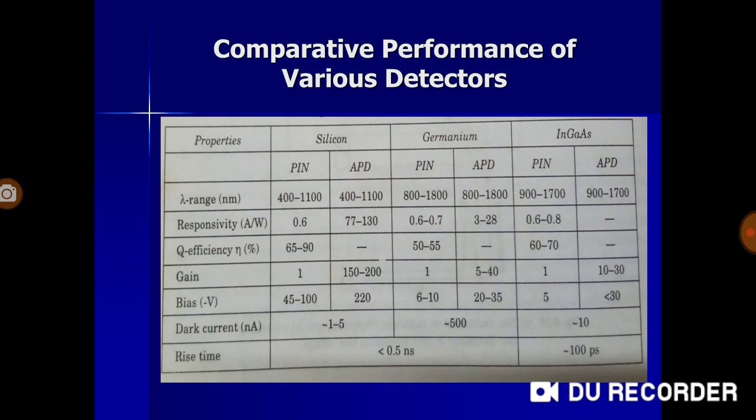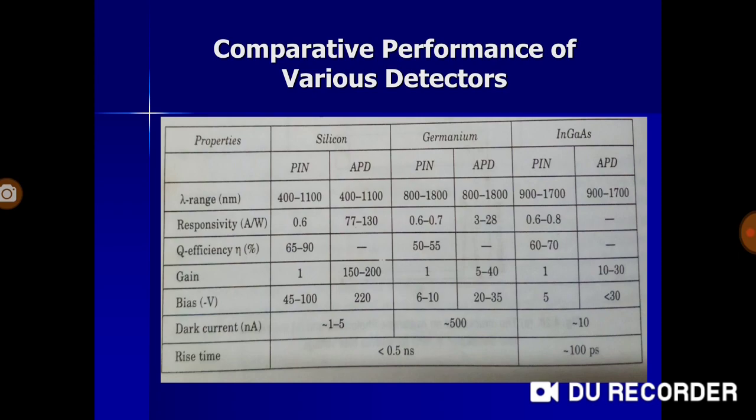And the last thing is rise time. Rise time is decided by the RC constant that we mentioned. Rise time means the time taken by a device to go from 10% to 90% of its performance. So it is mainly determined by the RC time constant.